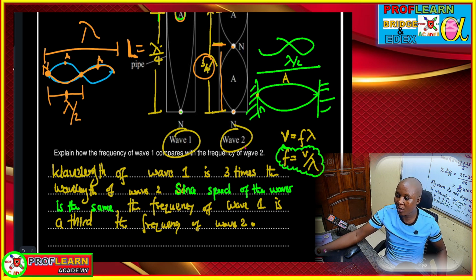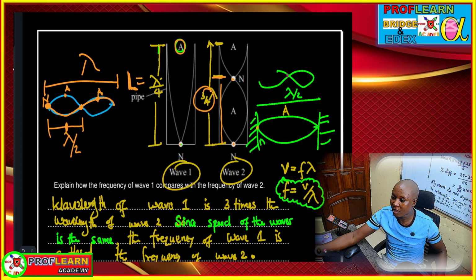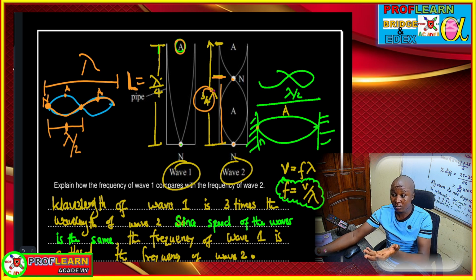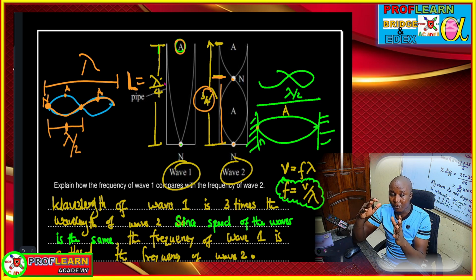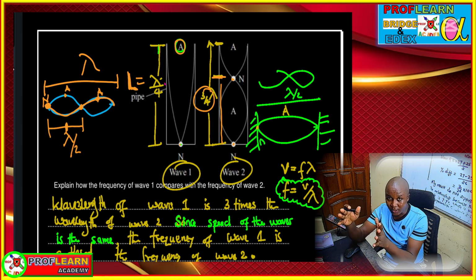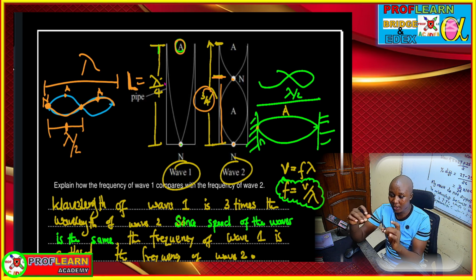Since the speed of the wave in these two cases is going to remain the same, because it is the same medium, the same air in the pipes, what is varying is wavelength and frequency.